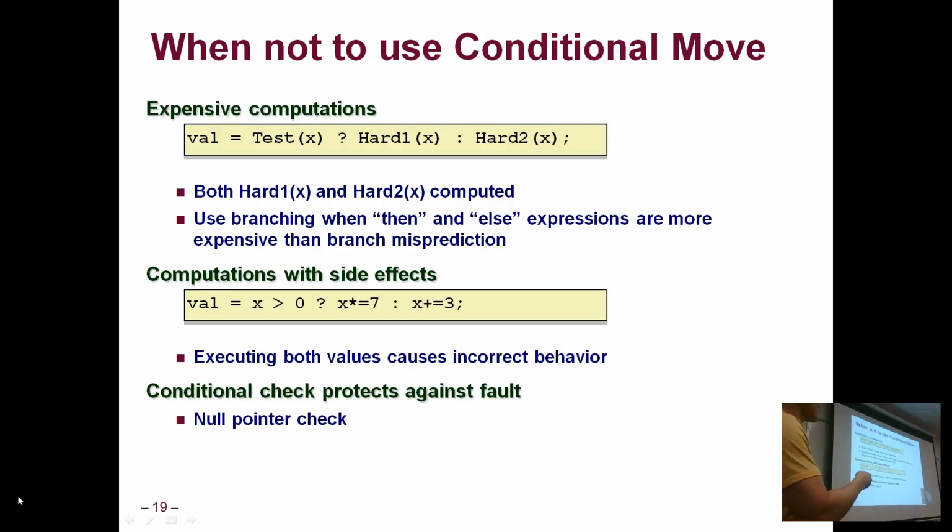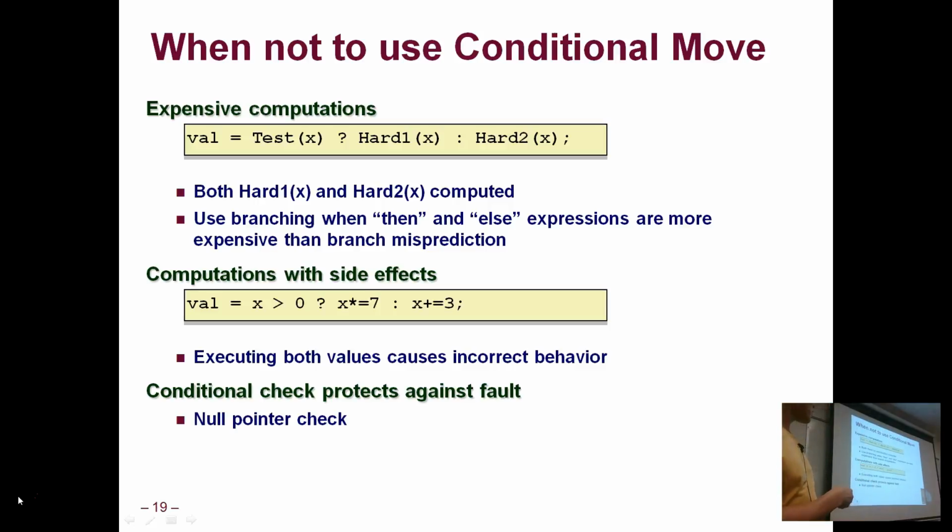In fact, if either one of these is more than maybe a dozen cycles difference, then you're like, well, why am I doing this optimization to begin with? And this is what the compiler has to know, right? When it chooses, it's going to choose one implementation versus the other. If it looks at the cycle times of these two and they add up to something more than the conditional branch penalty, it won't do it. So that's one of the things.